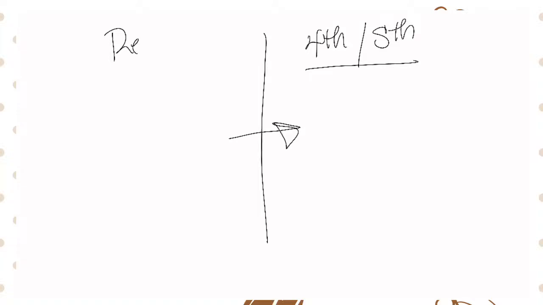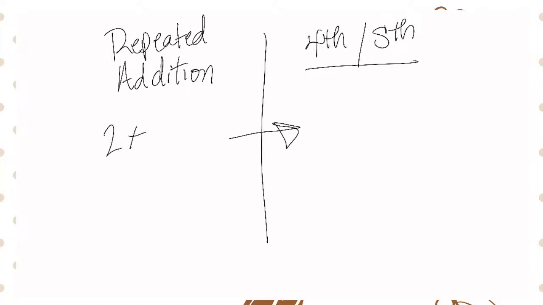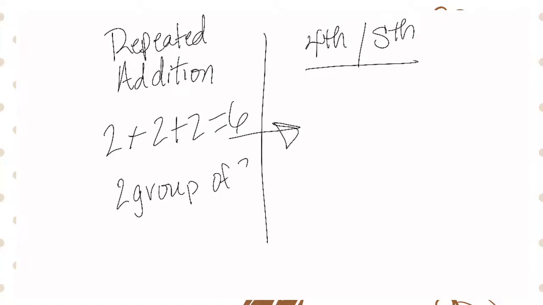So here we have repeated addition. And say, for instance, the students are taught 2 plus 2 plus 2 is equal to 6, but it's also three groups of 2, which equals 6, which is 3 times 2 equals 6.